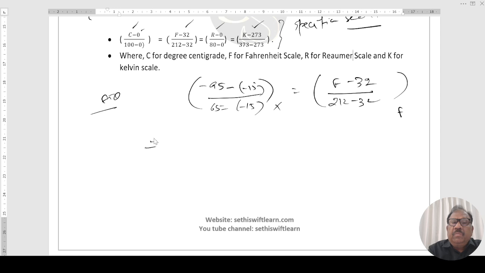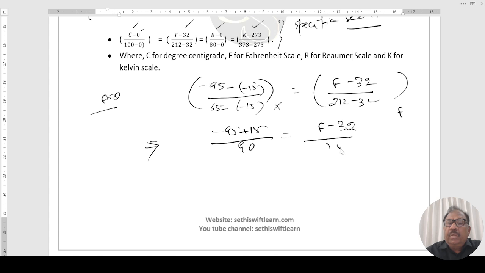On simplification, minus 95 plus 15 upon 80 comes out to be 90... equal to F minus 32 upon 180.